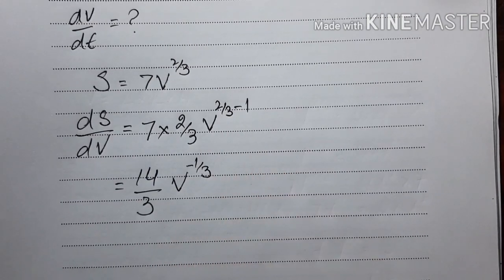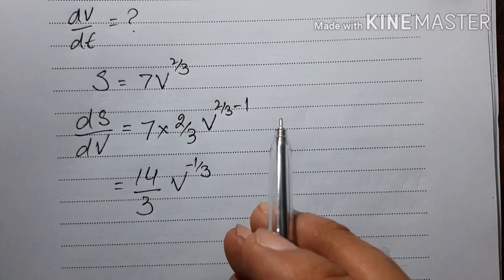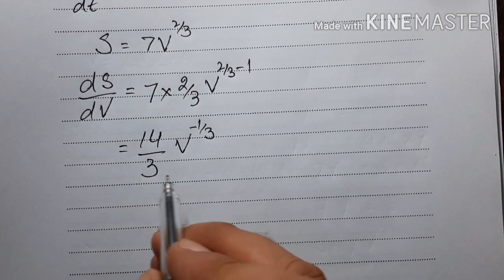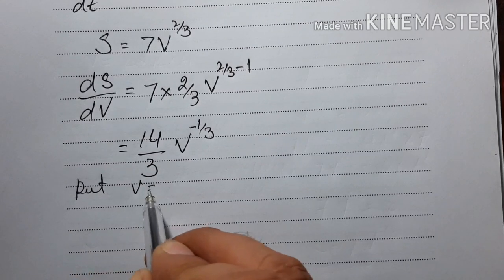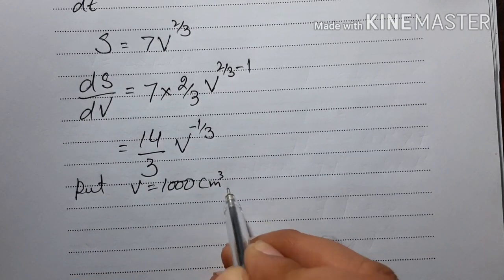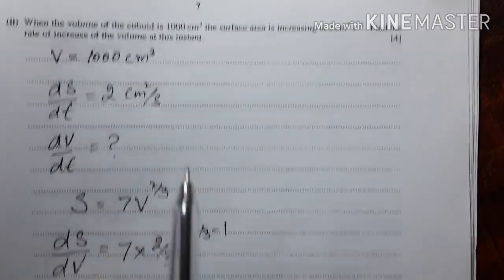So 2 by 3 minus 1 is minus 1 over 3. Okay, I'll put V is equal to 1000 centimeter cube here, because I know the value V is equal to 1000. This is given in the start.